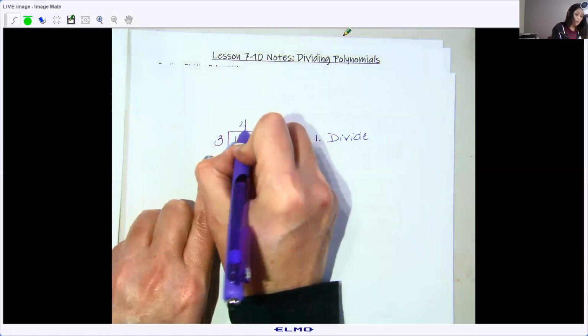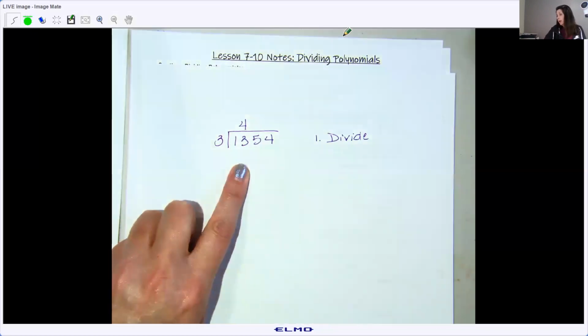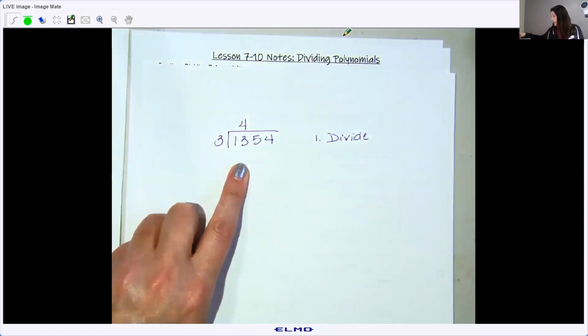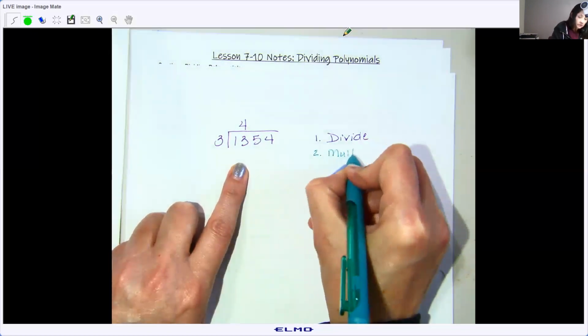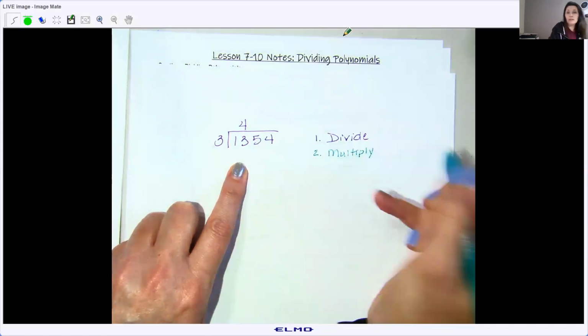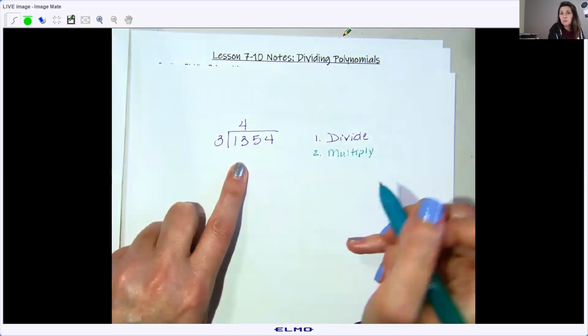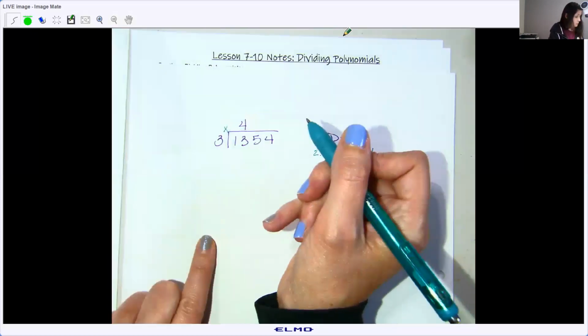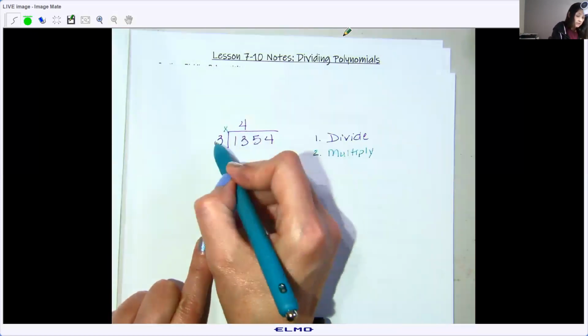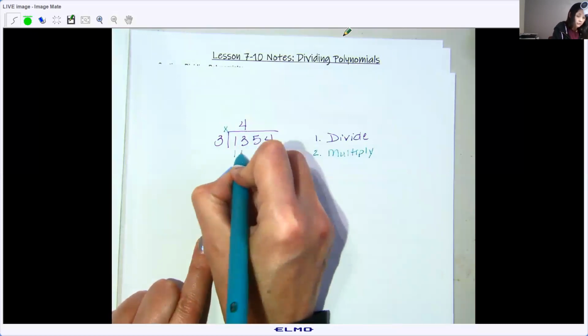That's the most that 3 can go into 13. Okay, so then your next step is to multiply. And I know you might be thinking, I'm going to skip through this, and some of you probably already have. But for others, you need this reminder. So 4 times 3 is 12.